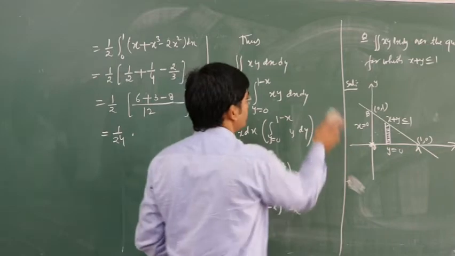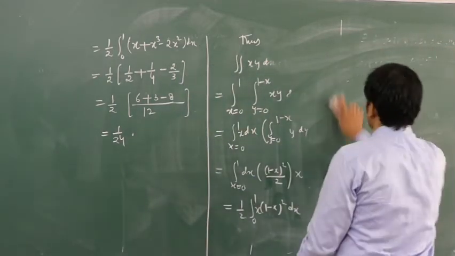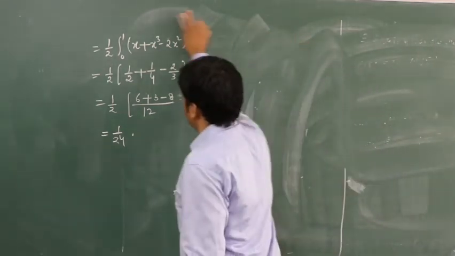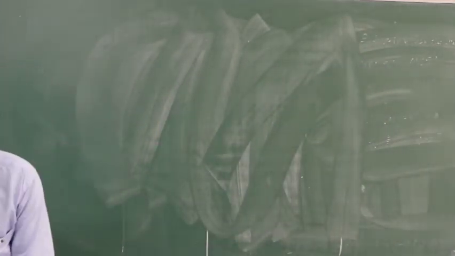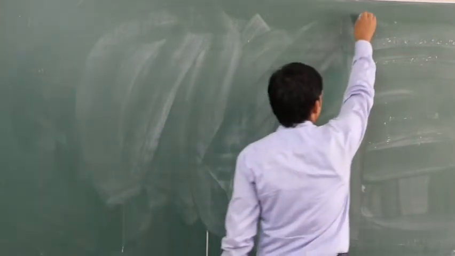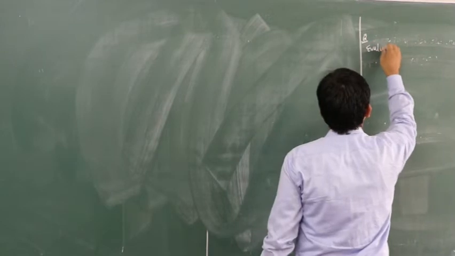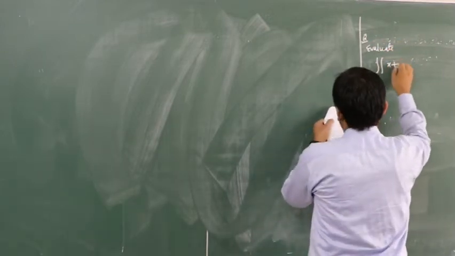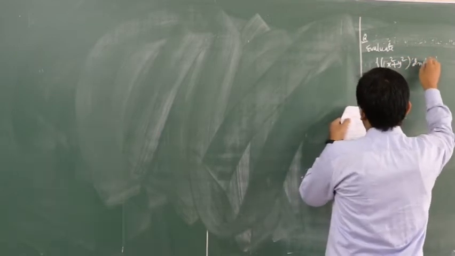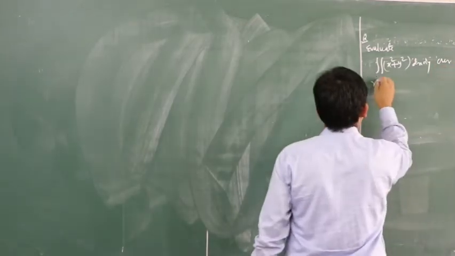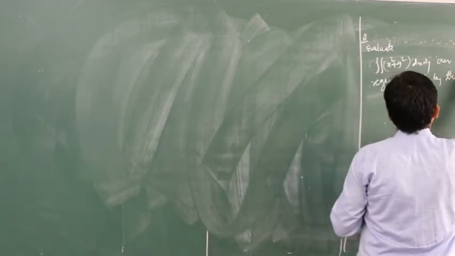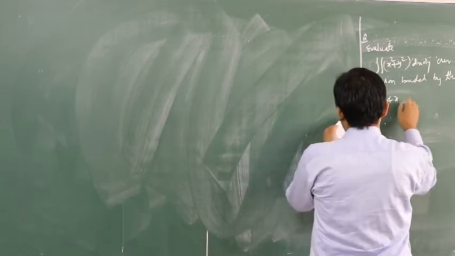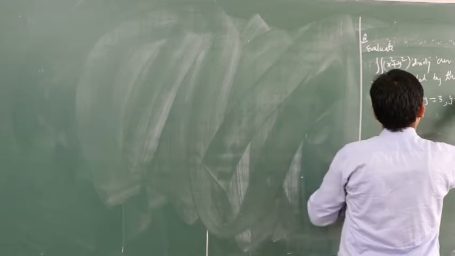Then our next question is to evaluate the double integration of (x plus y) over (x square plus y square) dx dy over the region bounded by the lines y equal to 4x, x plus y equal to 3, y equal to 0, and y equal to 2.